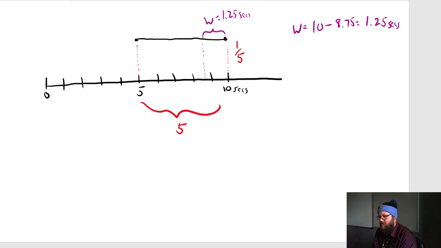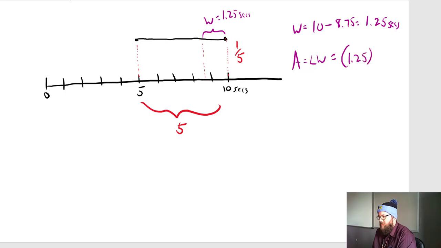time that it happens. So if we took area, which is simply length times width, and we know our length is 1.25 times our height. Well, I'm sorry. We just said our width here, length and width. But length and width, 1.5.